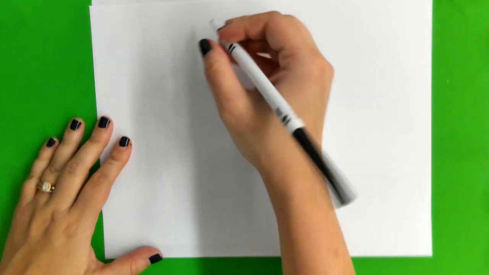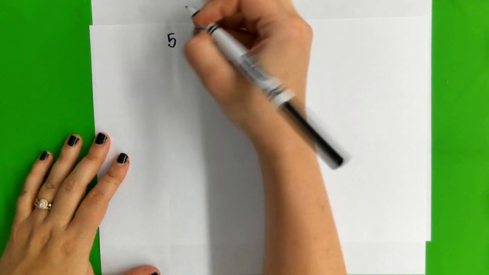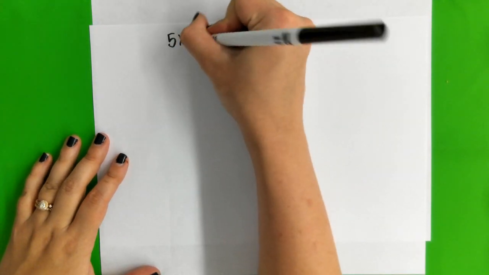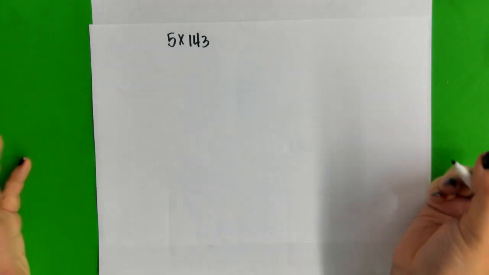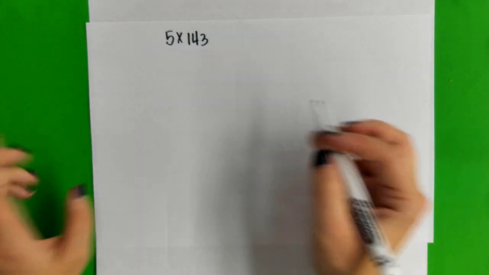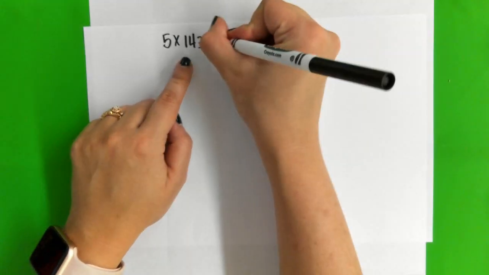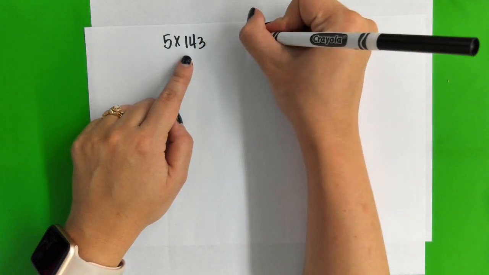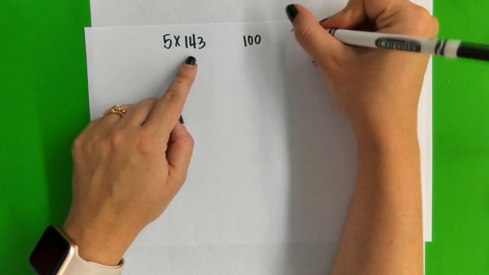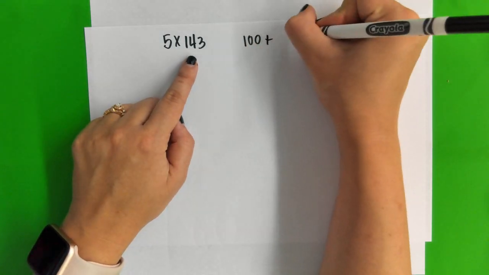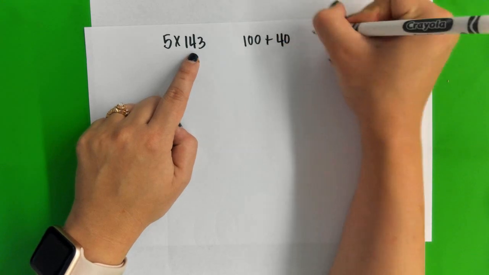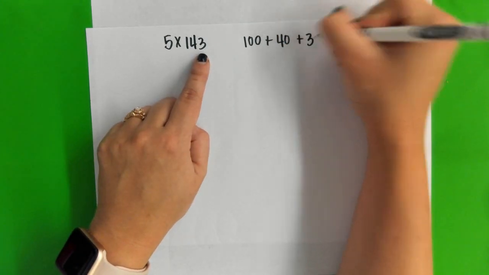Sometimes we will get numbers that are way too big to try and graph on grid paper. So for instance, I have 5 times 143. So a way that I can do this is to take my 143 and break it up into expanded form. And when I break 143 up into expanded form, I have 100 plus 40 plus 3.